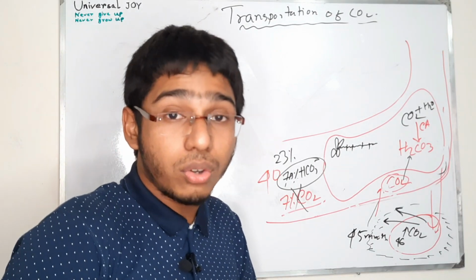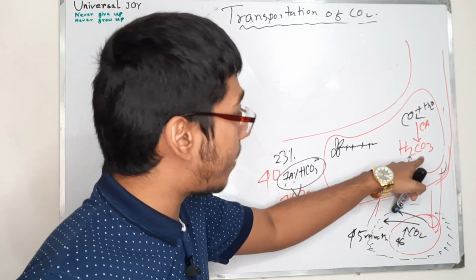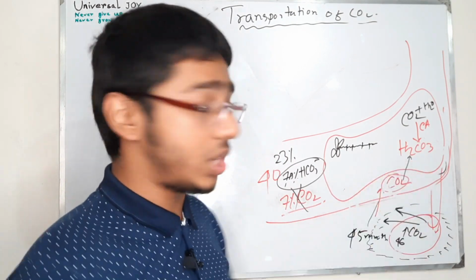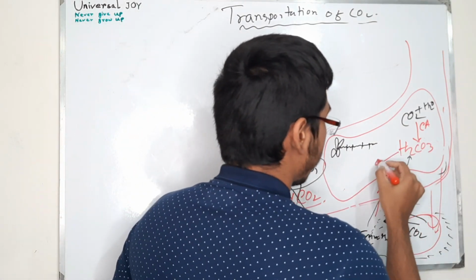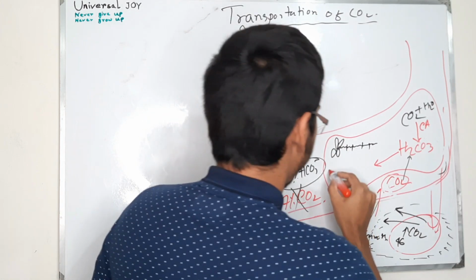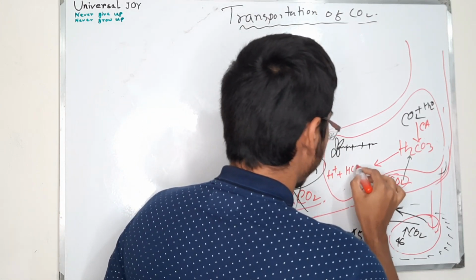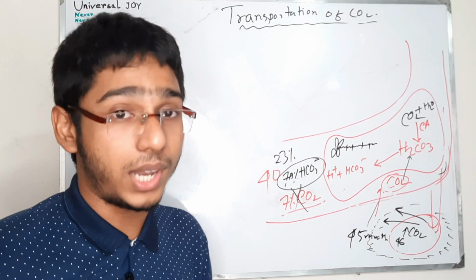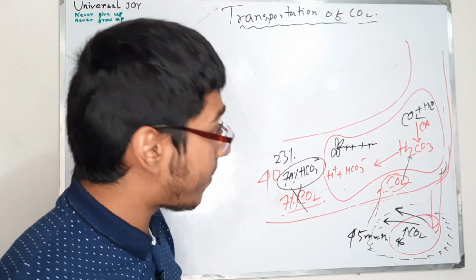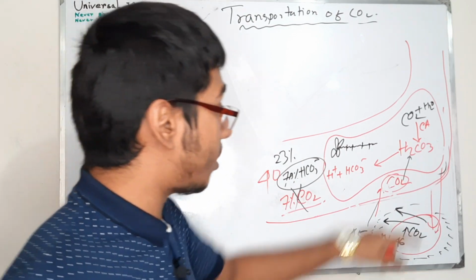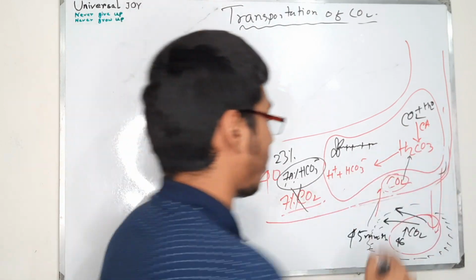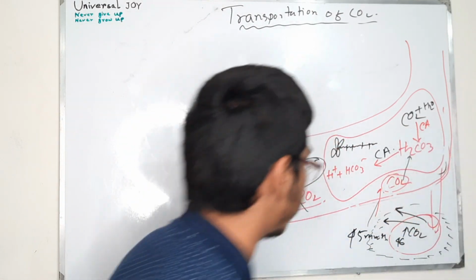It will undergo dissociation, and the moment it undergoes dissociation, it will generate H plus, and also it will generate bicarbonate ion. Again, the same catalyst, carbonic anhydrase, will play a role in the dissociation of H2CO3.